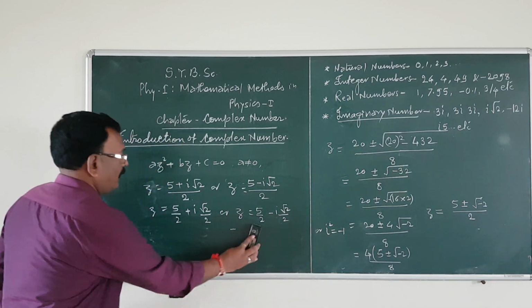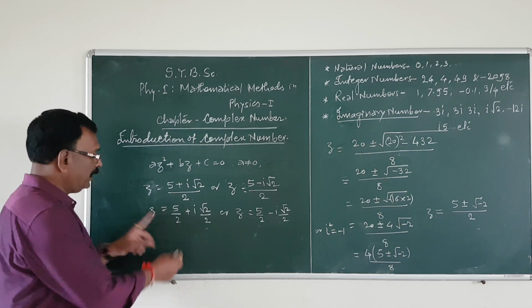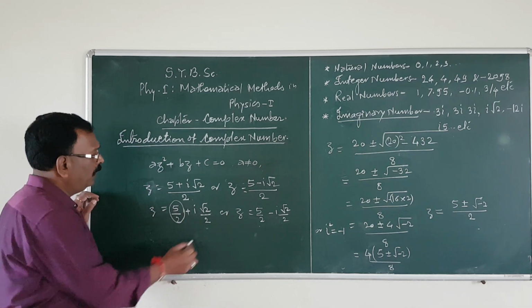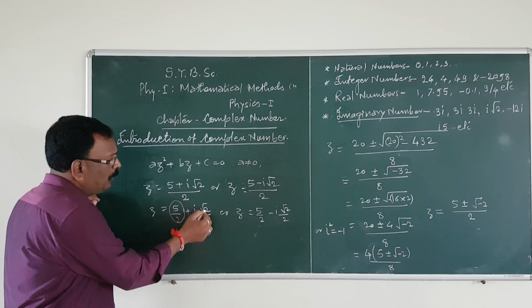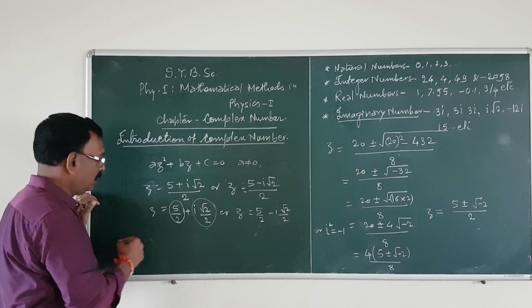Why are these called complex numbers? Because the number consists of a real part, that is 5 by 2, and i root 2 by 2 is the imaginary part of this number.